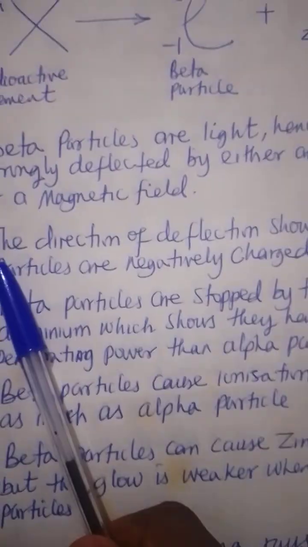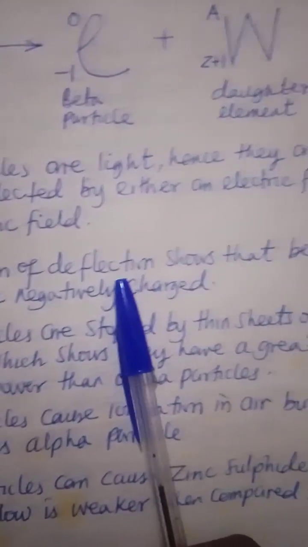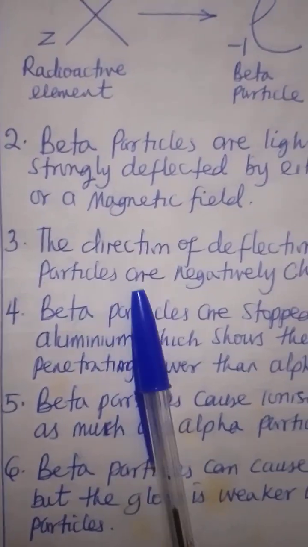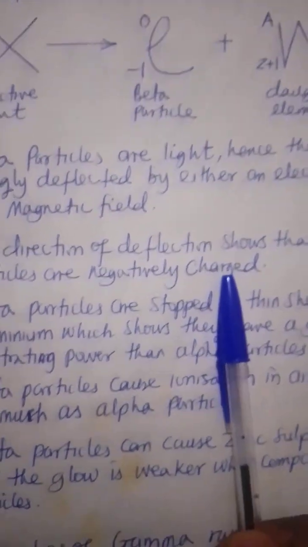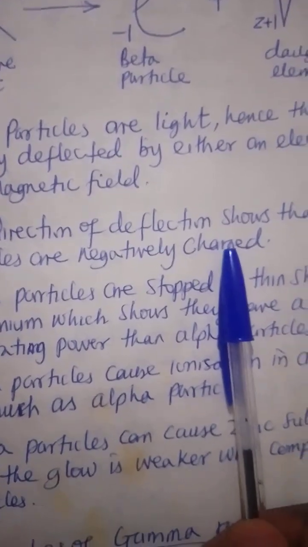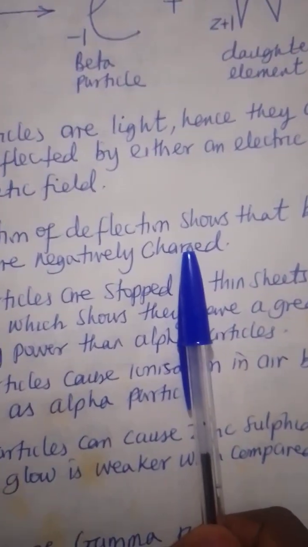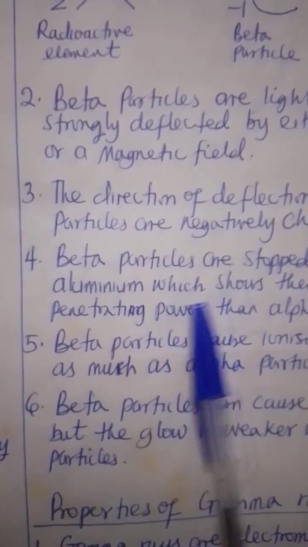Number 3, the direction of deflection shows that beta particles are negatively charged, which confirms that they are fast moving electrons because electrons are negatively charged.